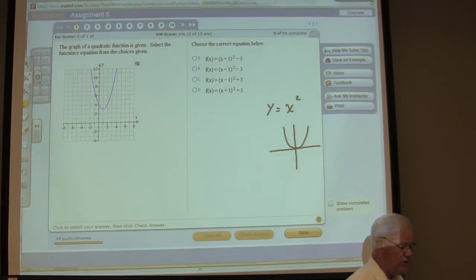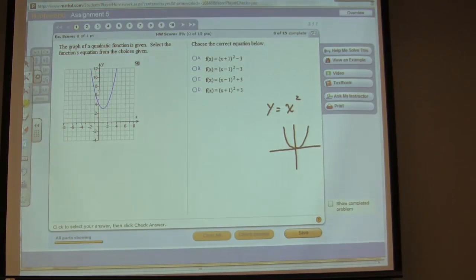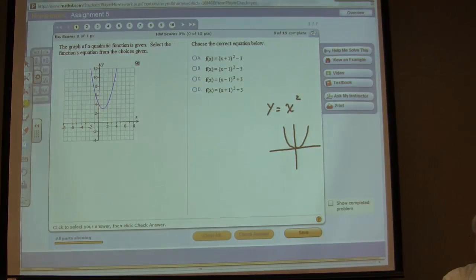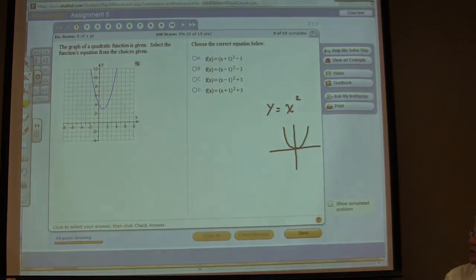Well, what we could do is this. We've shifted the x 1 to the right. If you remember, we subtract 1 from x in order to shift it to the right 1.